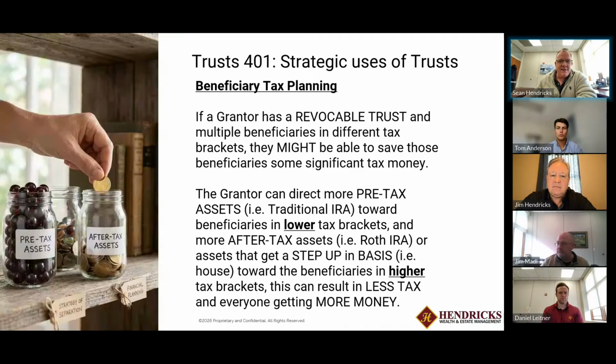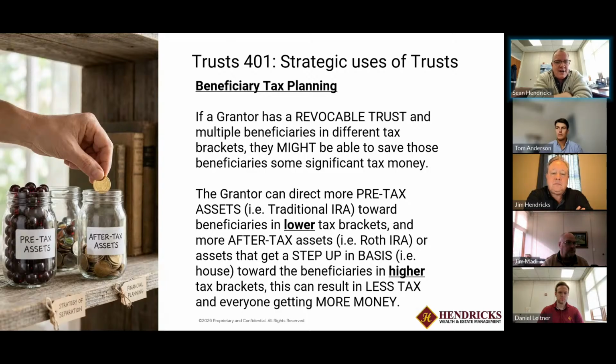The first option, beneficiary tax planning, is generally used when someone, the grantor or the creator of the trust, creates a revocable living trust and they have multiple beneficiaries in different tax brackets. When that's true, they might be able to save those beneficiaries some significant tax money.